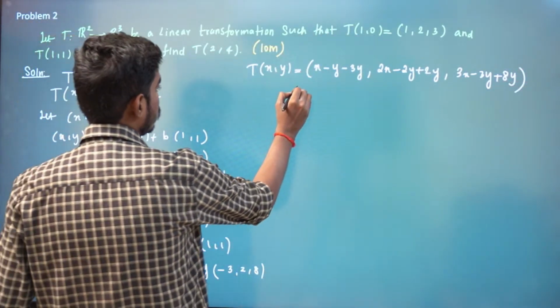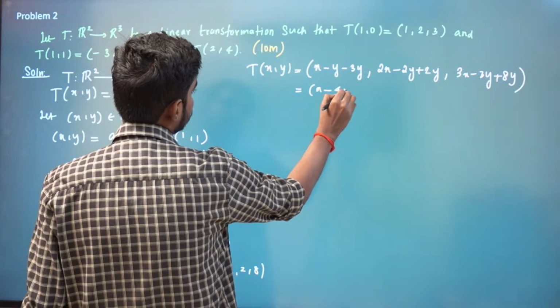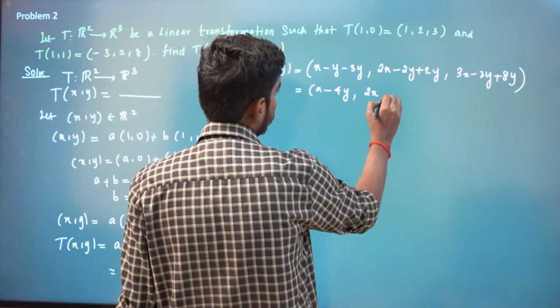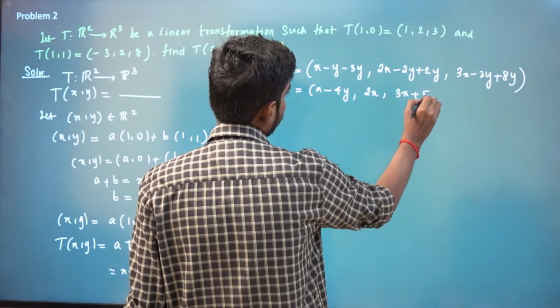So this is equal to (x - 4y, 2x, 3x + 5y).